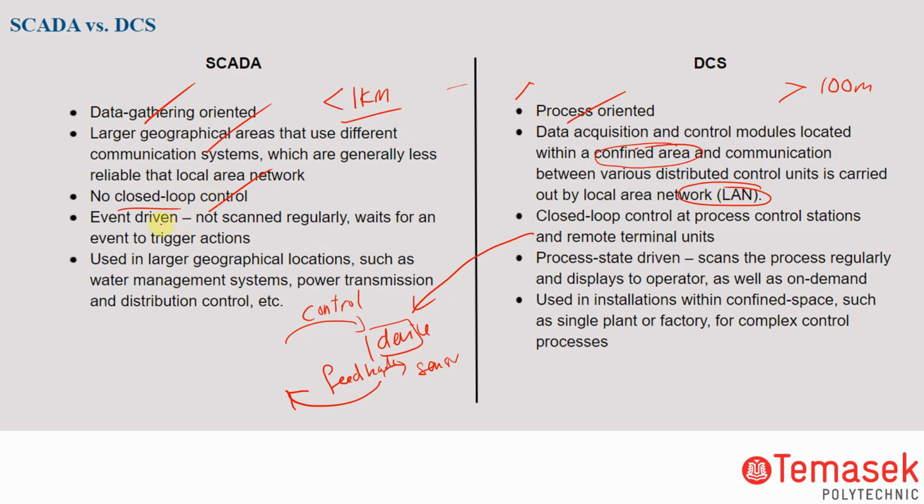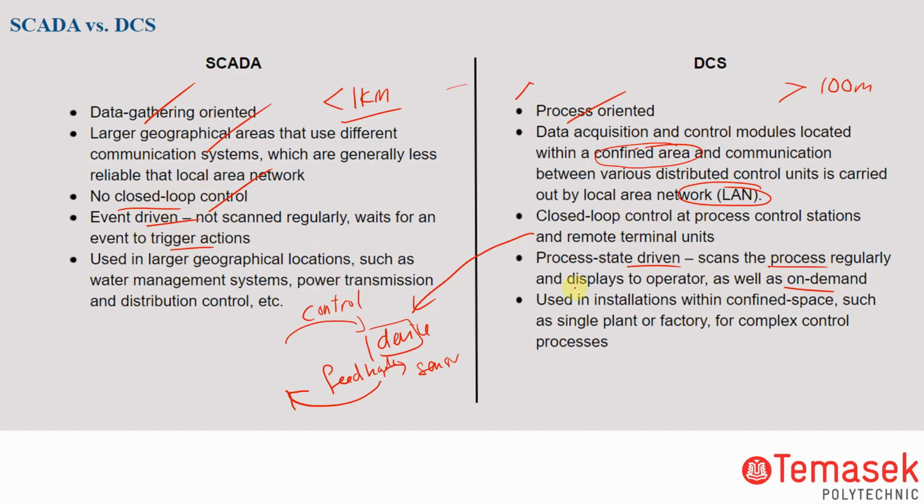It is event driven, right? It just waits for some event to trigger action, if not it scans ordinarily. This is process driven. It scans the process, looks at the process, and it can also do on demand. So you may ask, what's the difference? If there is a trigger, certain things stop, certain things run. That is event driven.